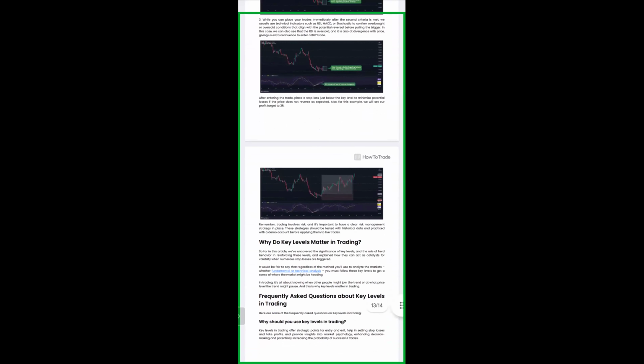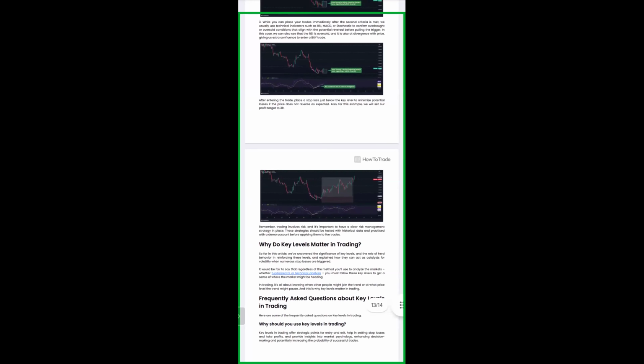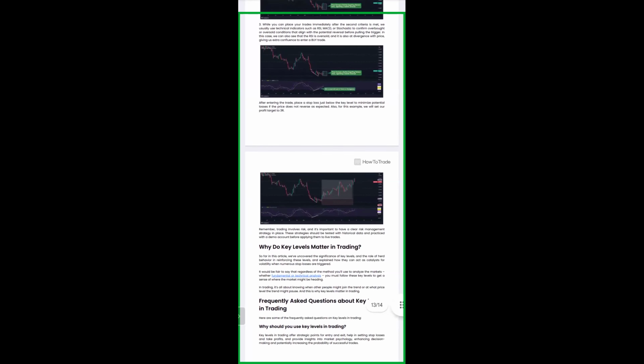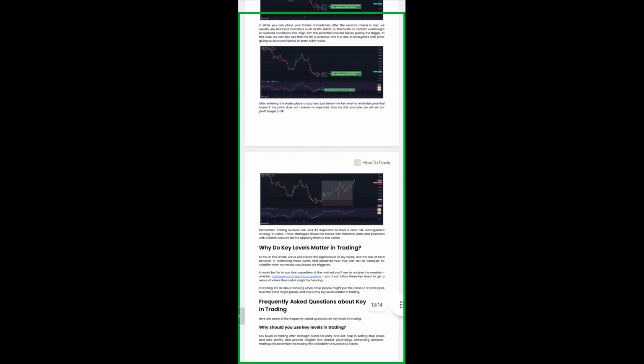Another key takeaway that I would like us to notice in my rounding up is, why do key levels matter? They really matter because they help us know what market behavior is doing at a particular moment, and they help us make the right trading decisions. We can easily identify our entry and exit points.